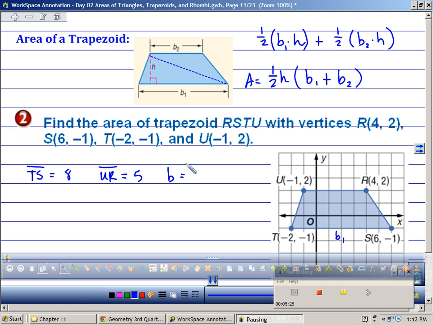What's the base? I'm sorry, no, the height. 3. Is that not all I need? So my area is half of 3 times 8 plus 5.